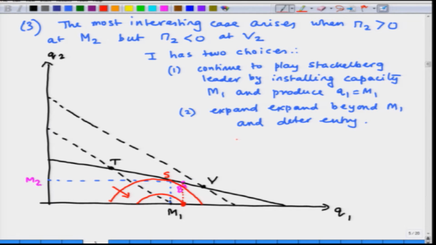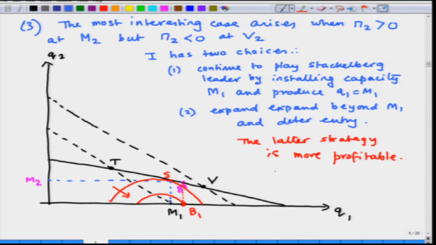So, here is a case where the latter strategy is more profitable. The incumbent's isoprofit curve is at a higher level by choosing a level of capacity at B star, or let us call it B1, and it produces an output level equal to B1, greater than what a Stackelberg leader would produce, which is M1, and would deter entry.